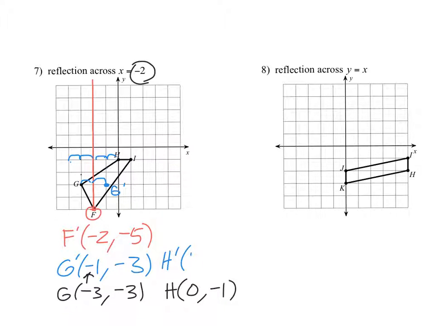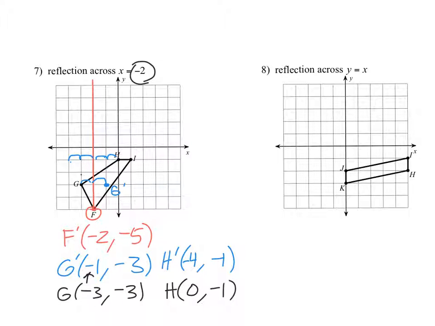So -4, and -1. So that one didn't add 2 to it. You actually had to find the value. The y values stay the same on all these though. So if you look at the y's, they're staying the same. All that's changing here are the x's.